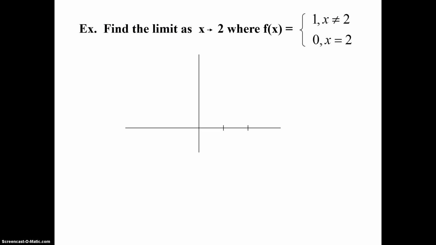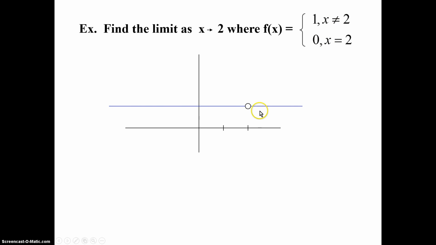Okay, the next part says find the limit as x approaches 2, where f of x equals 1 when x cannot equal 2, and f of x equals 0 when x equals 2. So in other words, we have a function that looks like this. We have f of x equals 1, so y equals 1, which is a horizontal line going through the y-axis at 1.